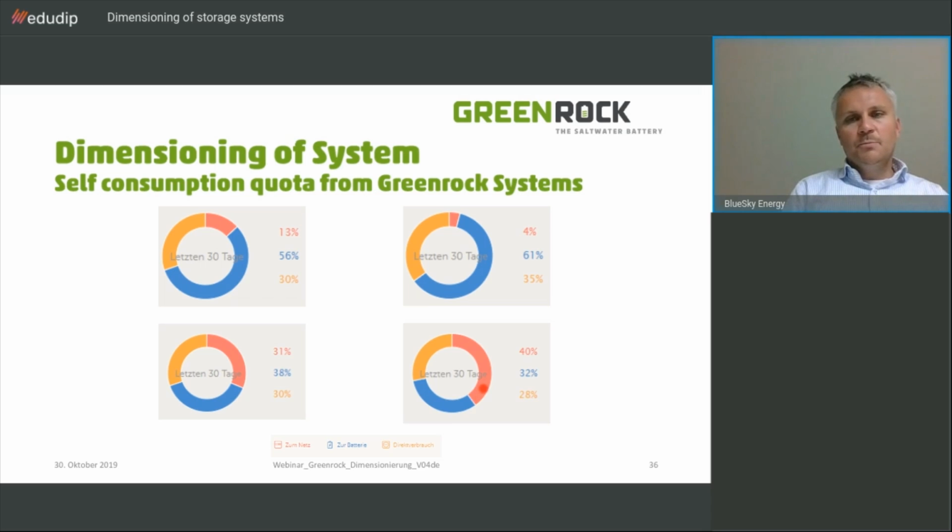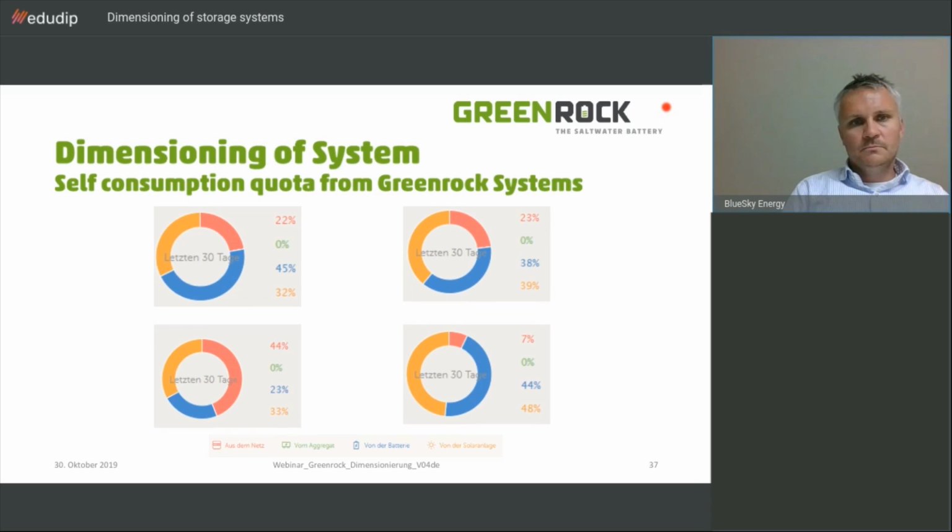And so we can help the customer optimize the PV. Over here, another example. This is also showing similar data, and this is again data from our systems.